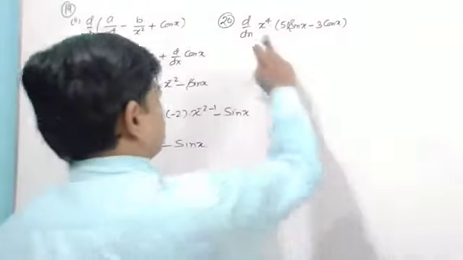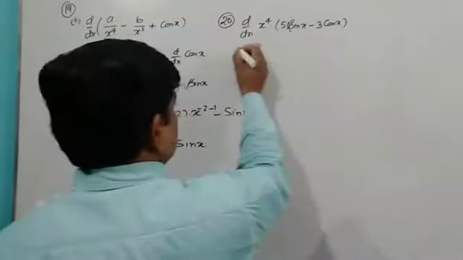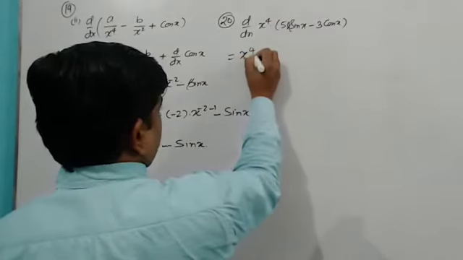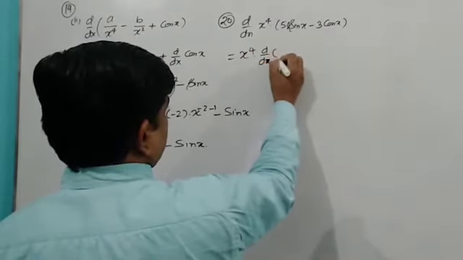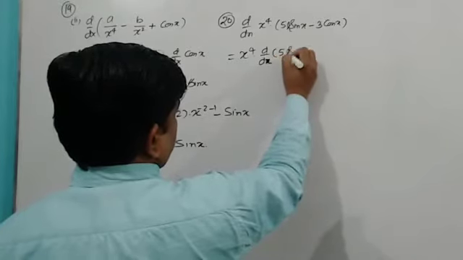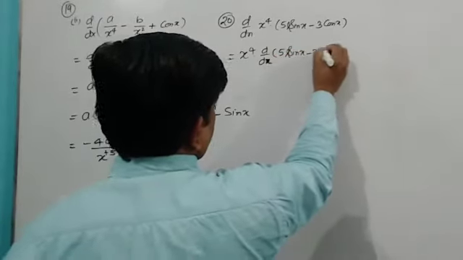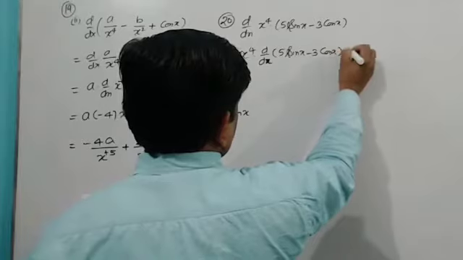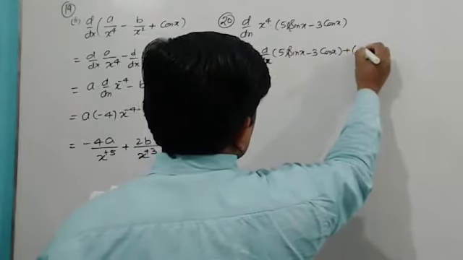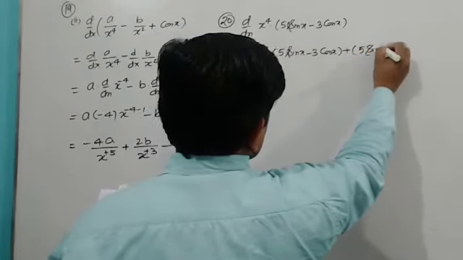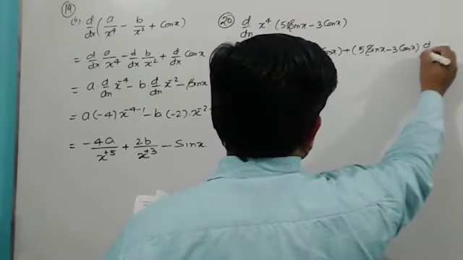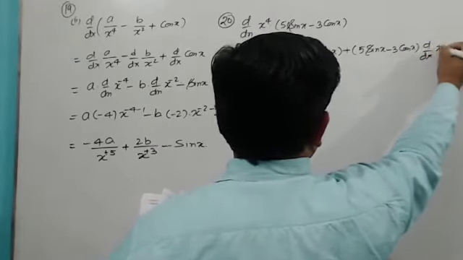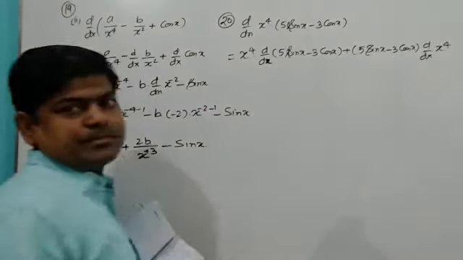I can take this one as the first and this one as the second. So that formula is there: x to the power 4 into d dx of 5 sin x minus 3 cos x plus 5 sin x minus 3 cos x and d dx of x to the power 4.